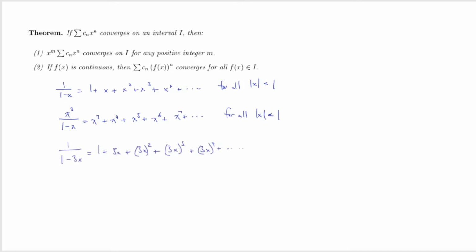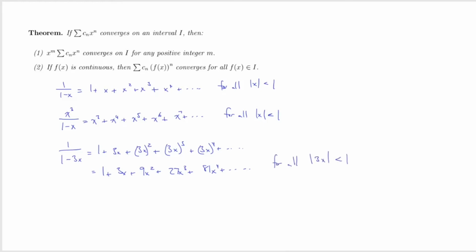The second part of this theorem says I can replace the x with a continuous function. Here I've replaced it with the continuous function 3x. And I get a power series for 1 over 1 minus 3x. It's 1 plus 3x plus 3x all squared plus 3x all cubed, etc., which simplifies to 1 plus 3x plus 9x squared plus 27x cubed, and on forever like that.